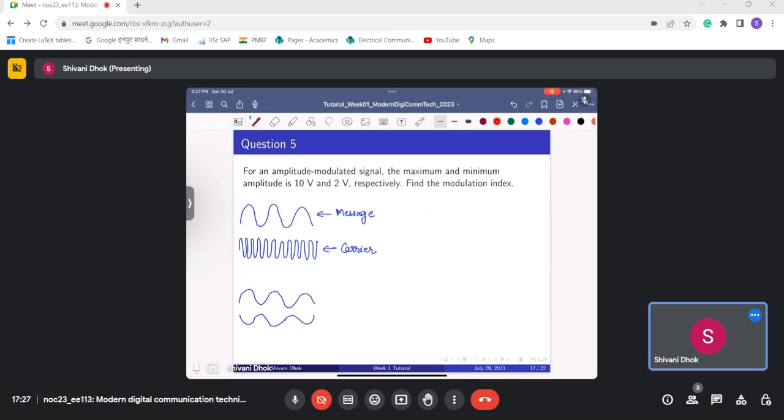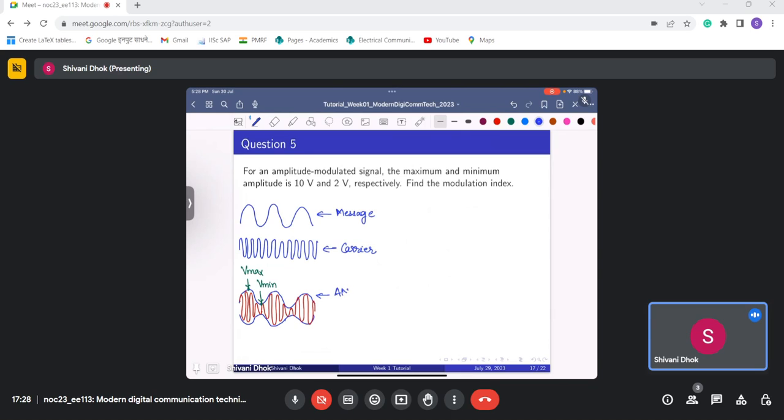And this message creates an envelope, and in that envelope we have this carrier like this. Okay, and this maximum amplitude is Vmax, and this amplitude here is Vmin.